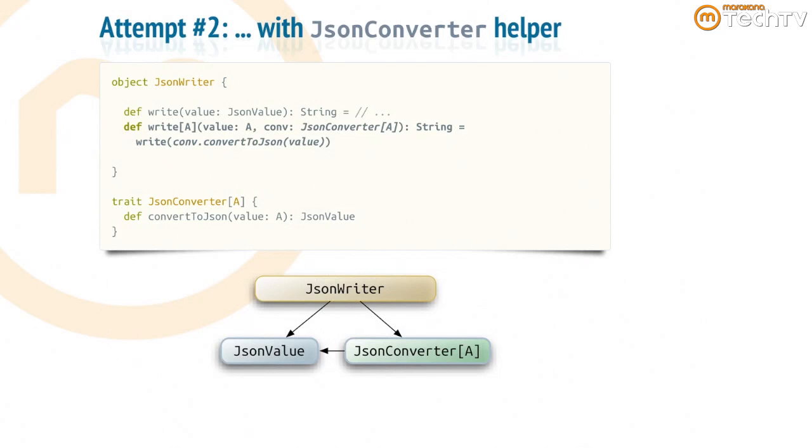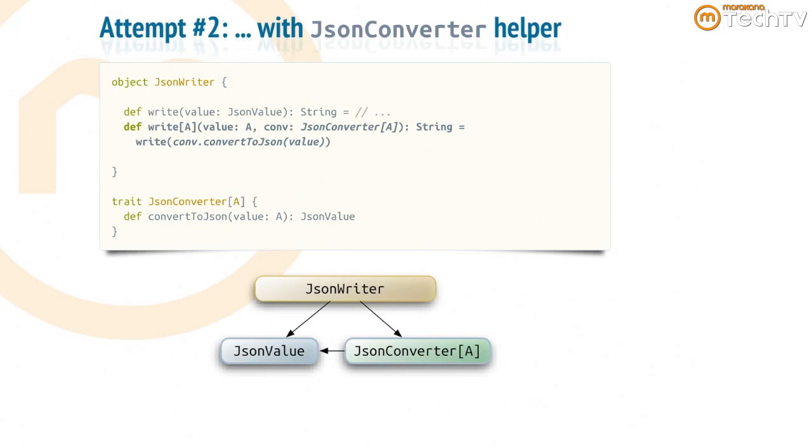So again, what does this look like? Well, we've got now our JSON converter for type A, so it's now a parameterized trait. And convertToJSON now takes an argument, some value of type A. Our dependencies, again, look fairly similar. JSONWriter has a dependency on JSONValue and on this JSONConverter trait.